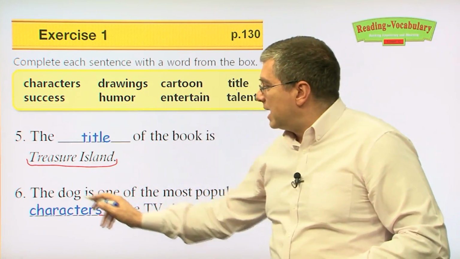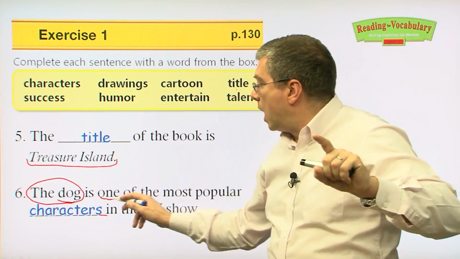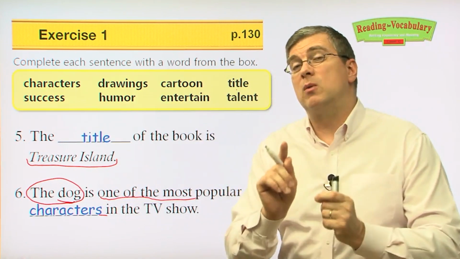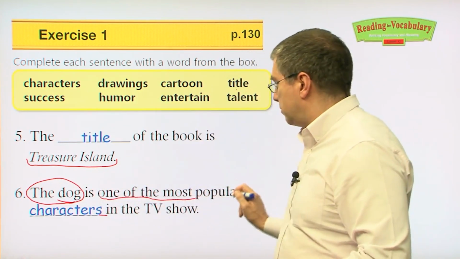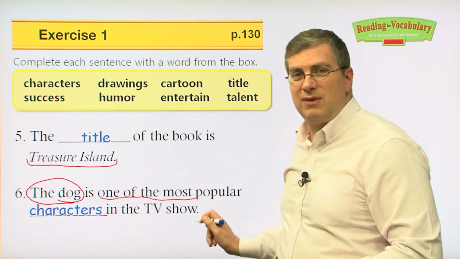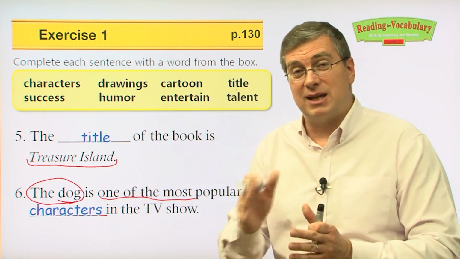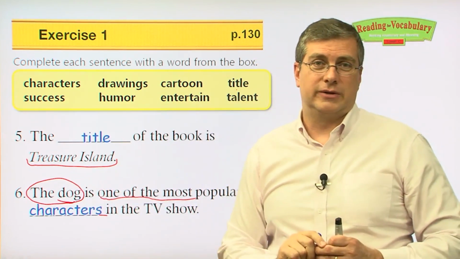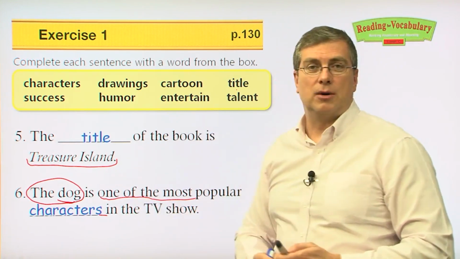We use S, even though we're talking about the dog, one, because we say one of the most. One of the most means there's more than one, so we have to use S. The dog is one of the most popular characters in the TV show. It means there are many popular characters in the TV show. The dog is one of those characters, one of the most popular characters in the TV show.